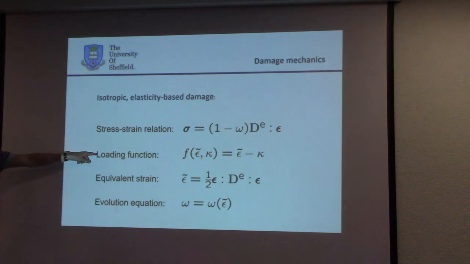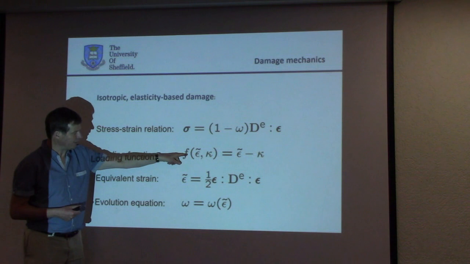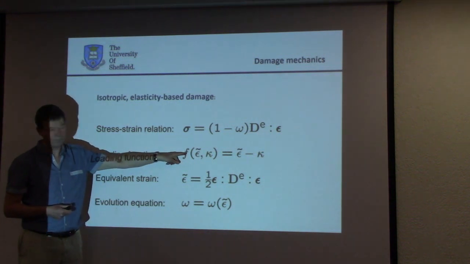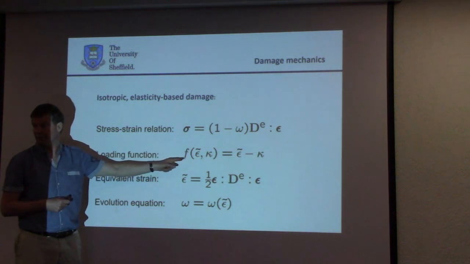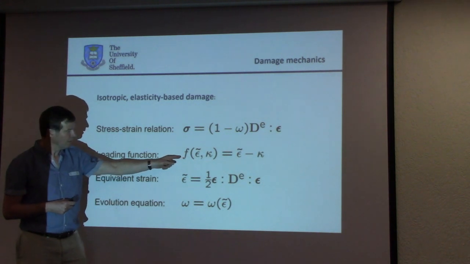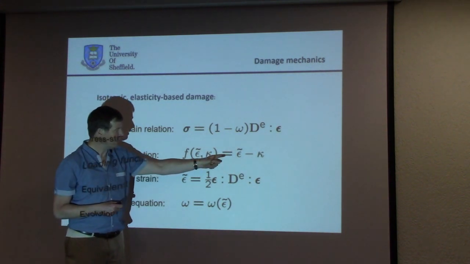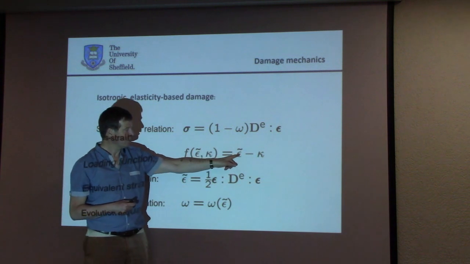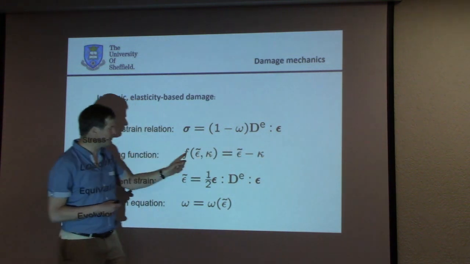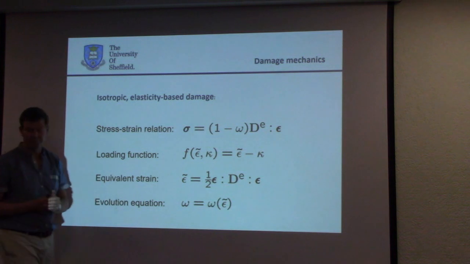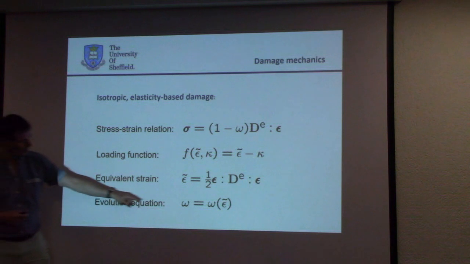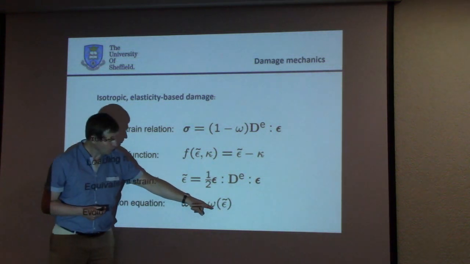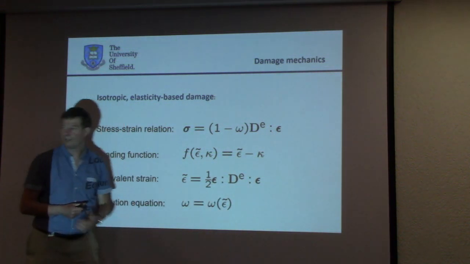Now, if this indicates that you have unloading, you put your omega equal to the omega that was there before in the previous loading step. If it indicates loading, which means that this one is bigger than this one, and therefore F is bigger than 0, in that case we have to update our omega according to the material function that is here.